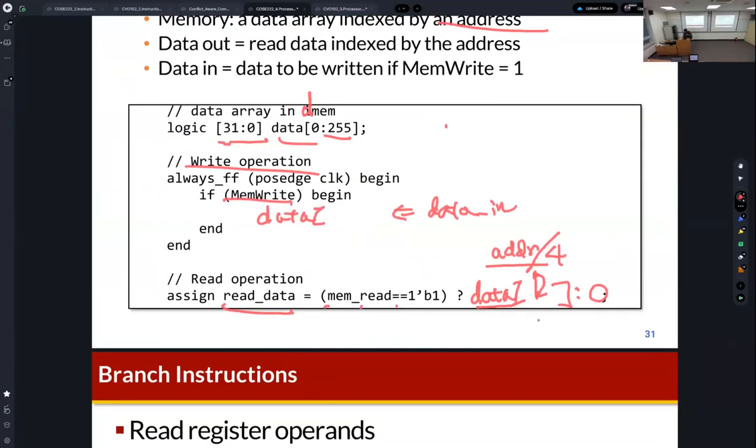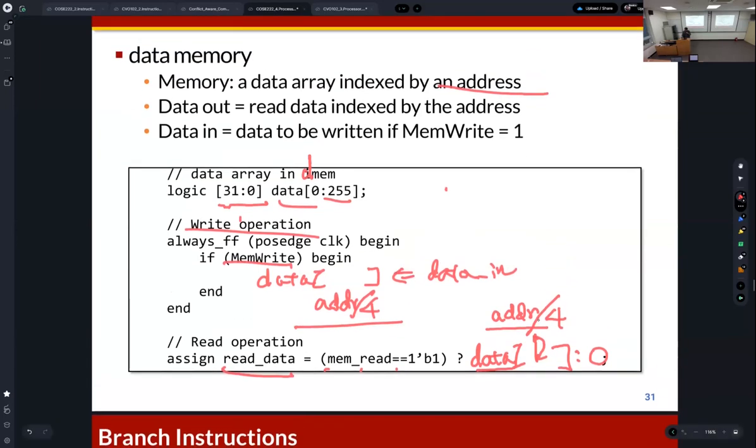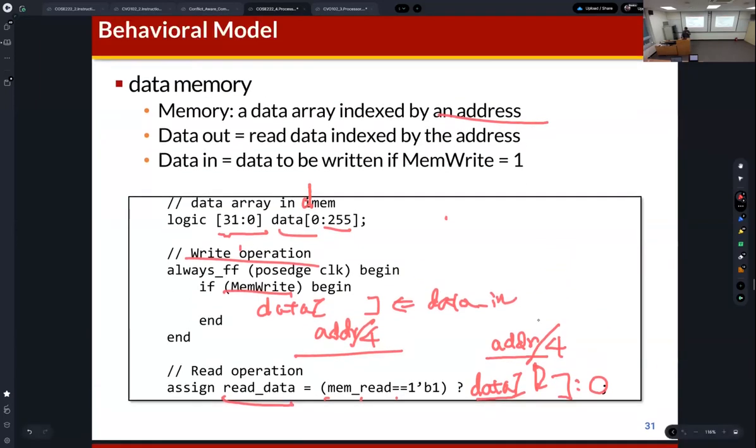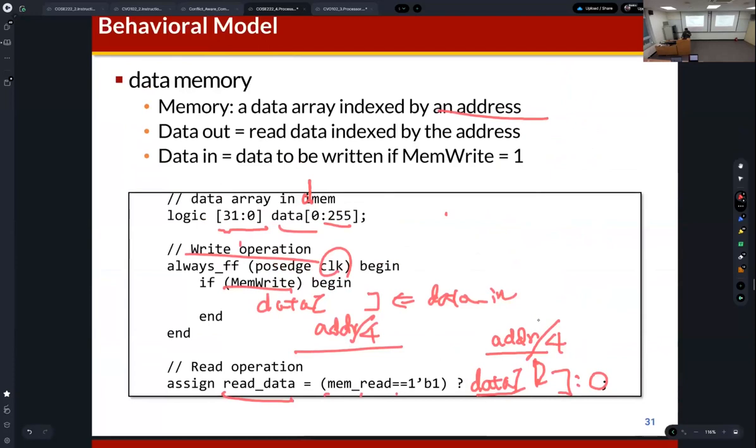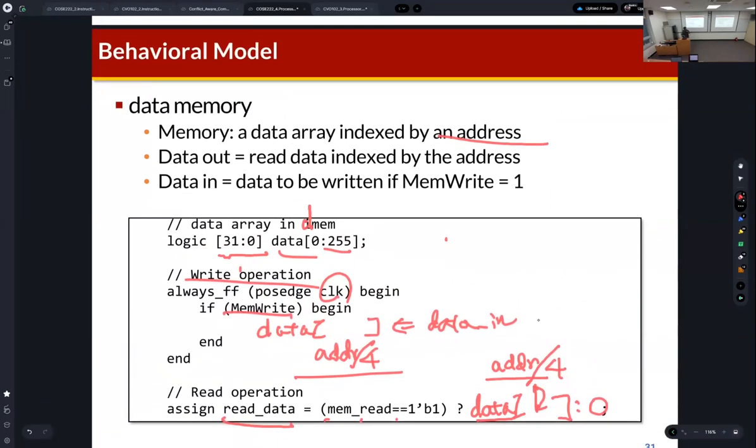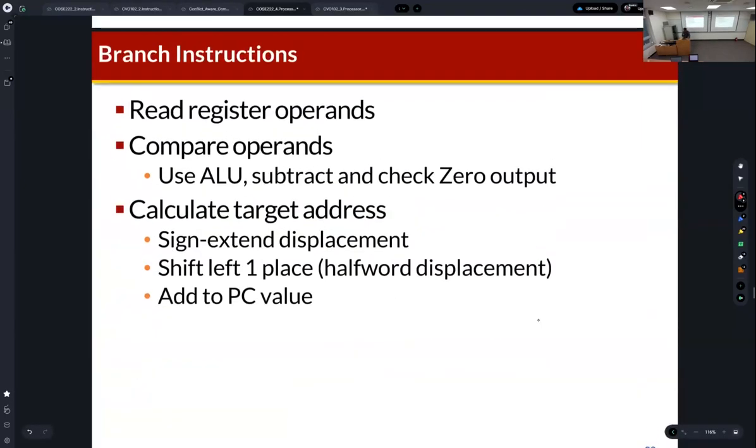And then it is indexed by the address, but it's the address divided by 4 because the size is 32 bits. So this is the behavioral model of data memory. You can find the clock here. So this is the design of data memory in a single cycle RISC-V processor.